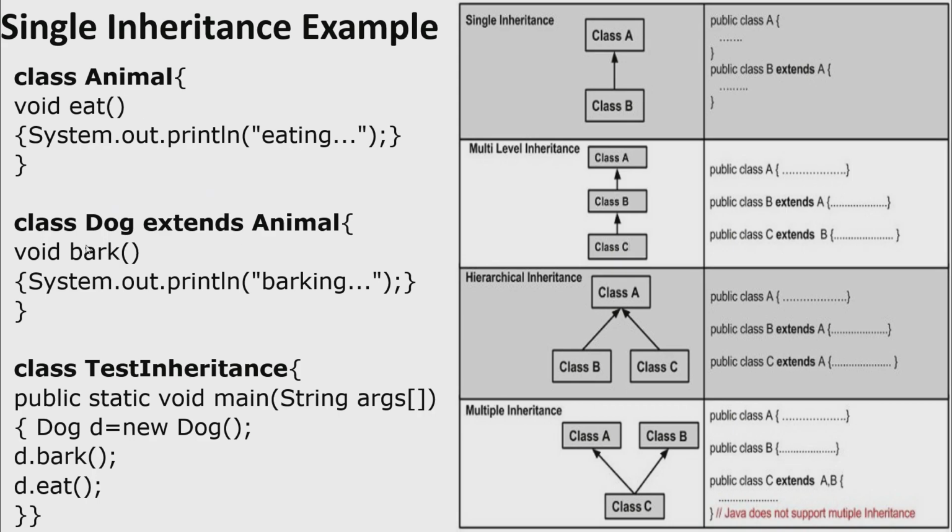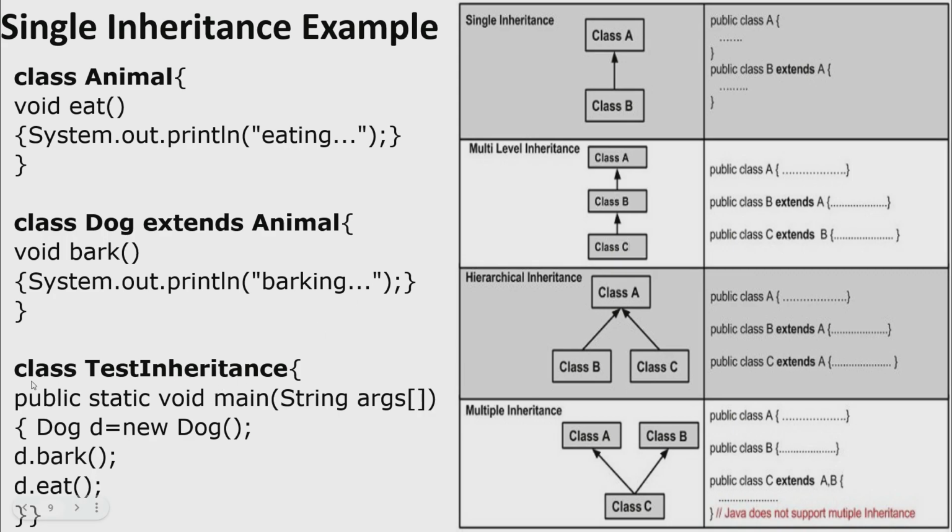So a dog is also an animal which could eat. Apart from eating, it has its own specific implementation, bark. So void bark, System.out.println of barking is printed here.